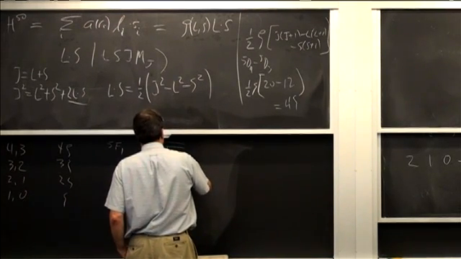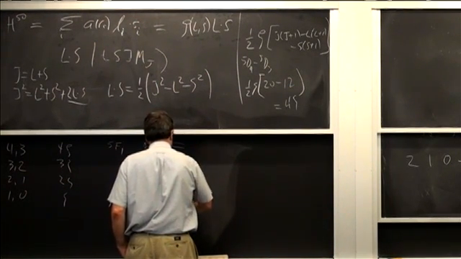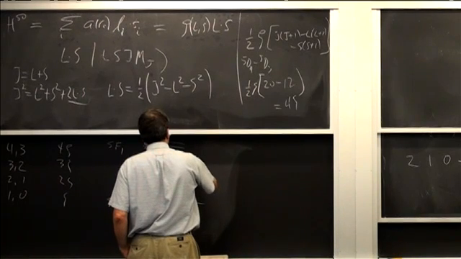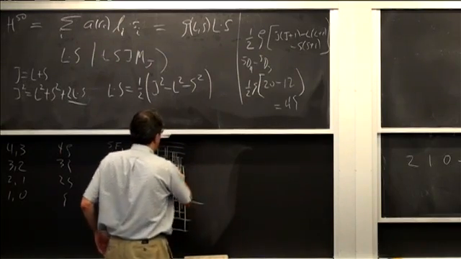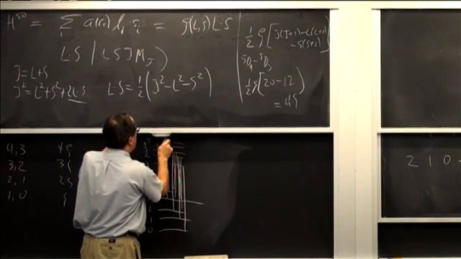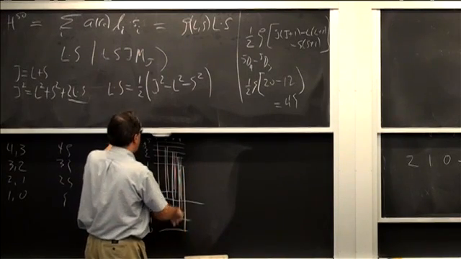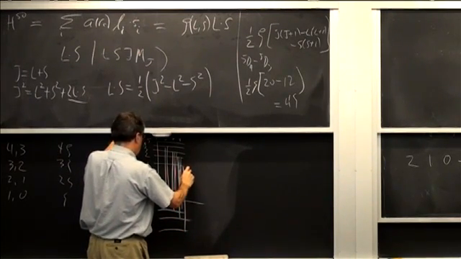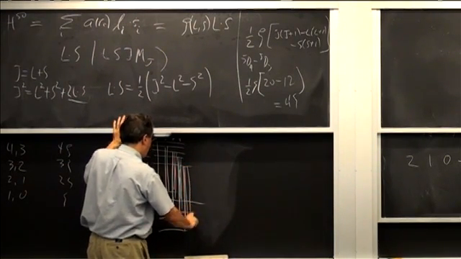That's 2 to 3, and 2 to 2. Okay. So we have 1 here, 2 here, 3 here, 3 here, and there's going to be 1 to 0, 1 to 1, and 1 to 2.